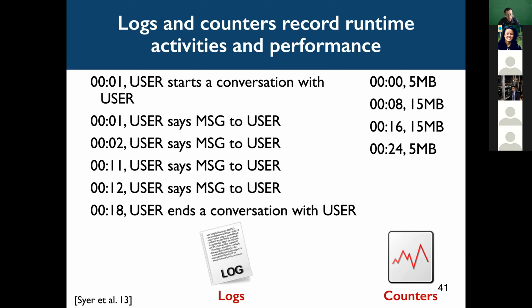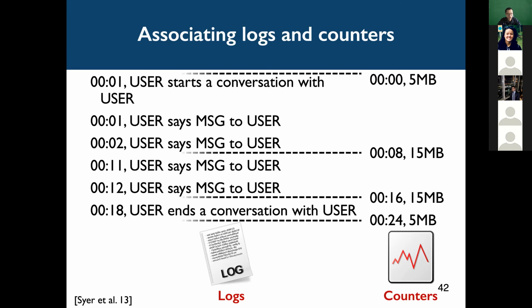The first step is to associate these logs and counters because they have different timestamps. So we need to understand in each time period what the logs and the counters are. The logs store the runtime activities of our system. The counters store the memory usage of the system.